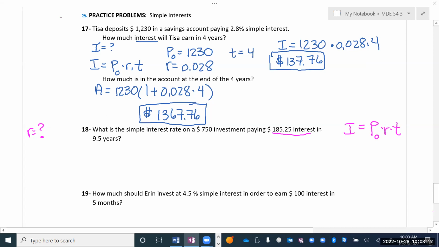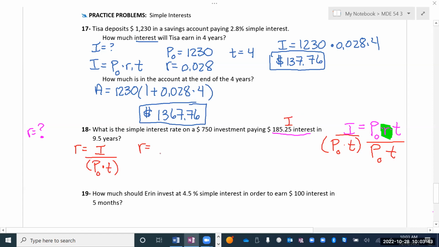Now over here, I know I want R, so I'm going to pre-solve this for R. So I'm going to come over here and divide by that P0 T. And then this needs to have parentheses. So I can already come over and say R is I divided by P0 times T and do it this way. Now I just have to figure out what all these stand for.